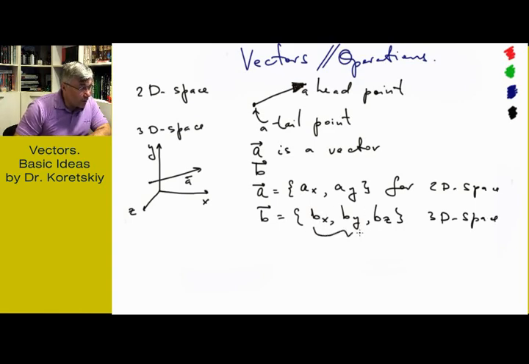Here we have components. Components are numbers, functions or some other operations, maybe operators, or sometimes components of the vector are matrices.